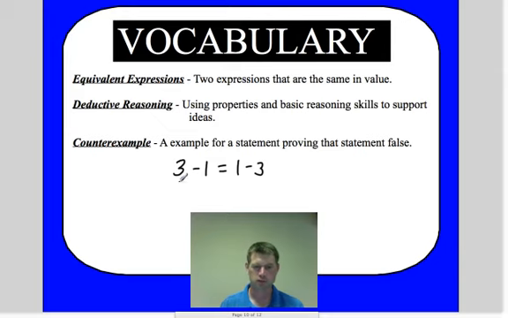Well, this would be a counterexample proving that that does not work, because 3 minus 1 is 2, 1 minus 3 is negative 2. Those are not equal, so that would be a counterexample to saying that commutative property of subtraction would work, because it doesn't. There is no property like that.